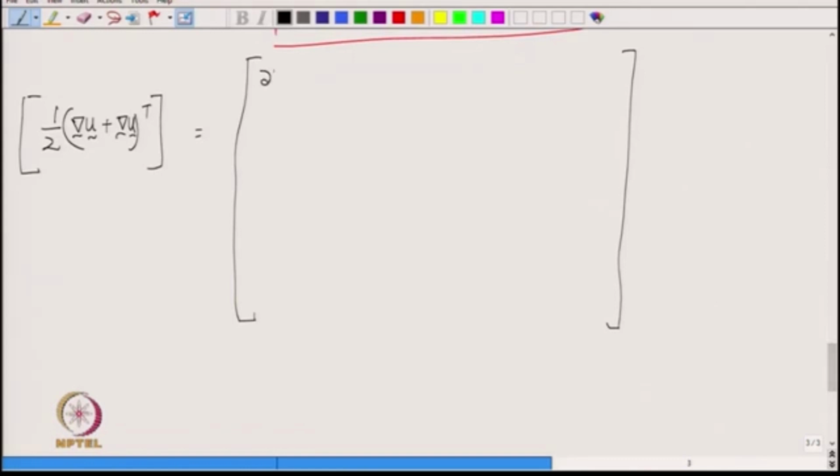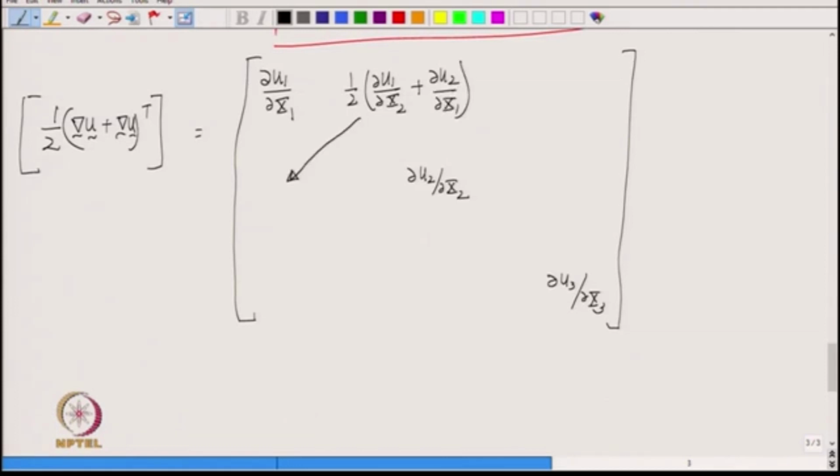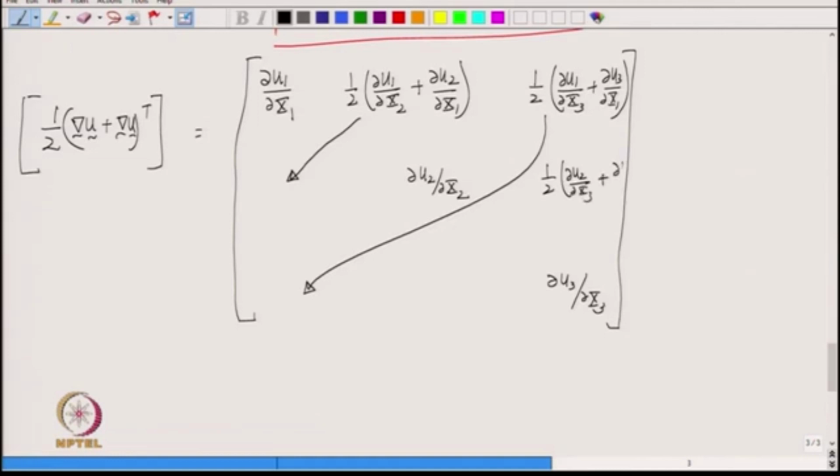The diagonals are simple: del u 1 by del x 1, then del u 2 by del x 2 and del u 3 by del x 3, whereas the off diagonals will now be half of del u 1 by del x 2 plus del u 2 by del x 1, and this will be same as this one here, and then we have half of del u 1 by del x 3 plus del u 3 by del x 1, and this is same as the one here, and finally, we have half of del u 2 by del x 3 plus del u 3 by del x 2.